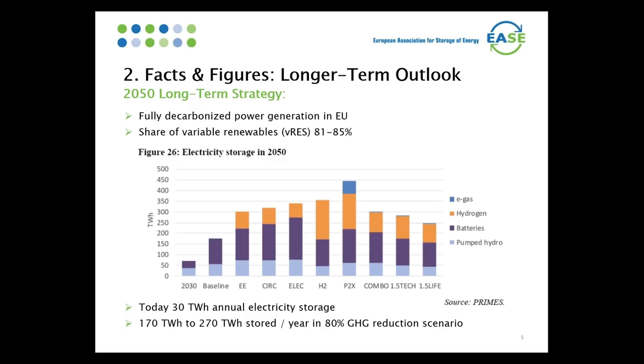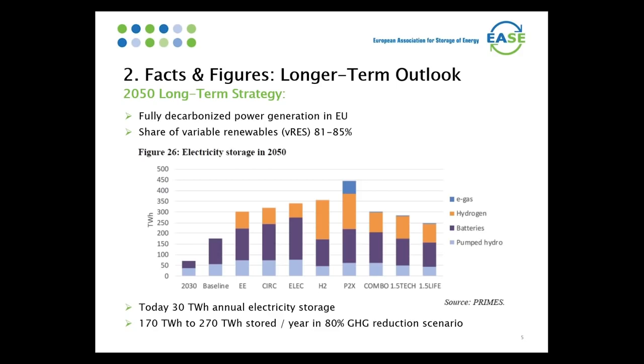And clearly, you see we will need to substantially increase our capacity to store electricity over the year, from today's level of about 30 terawatt hours of electricity stored per year.